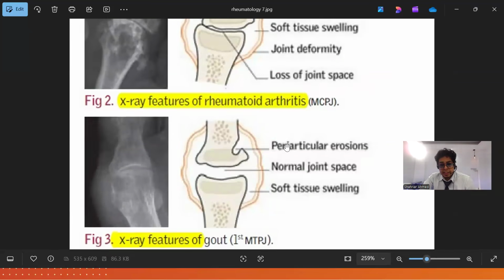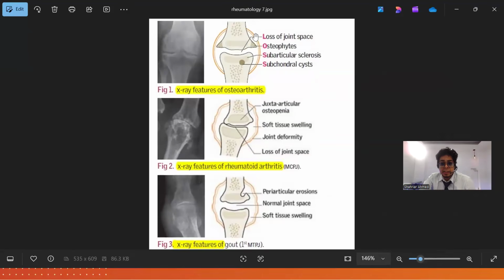Are we clear with this X-ray, guys? I'm giving you a chance. In osteoarthritis cases, LOSS is the mnemonic to remember. It is differentiated from rheumatoid arthritis by osteopenia, and from gouty arthritis by joint space. I hope that's clear to all of you.